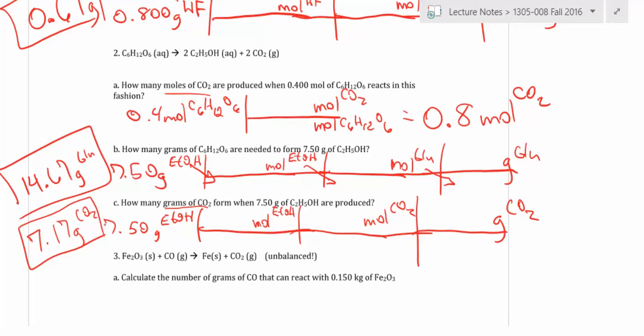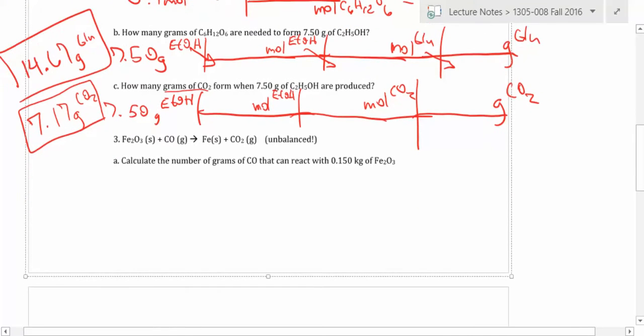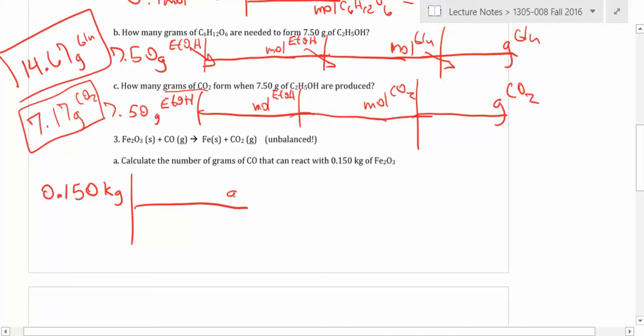Good. Okay, calculate the number of grams of carbon monoxide that can react with 0.15 kilograms of iron 3 oxide. So 0.150 kilograms. I need to convert the kilograms to grams of Fe2O3.